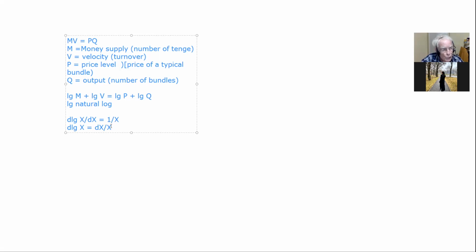All that I've done here is to multiply both sides of the equation by dx, the change in x. But this is very useful because we now have an expression for the relative change, or the rate of change, in x.